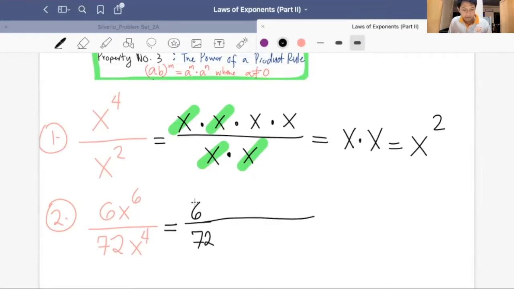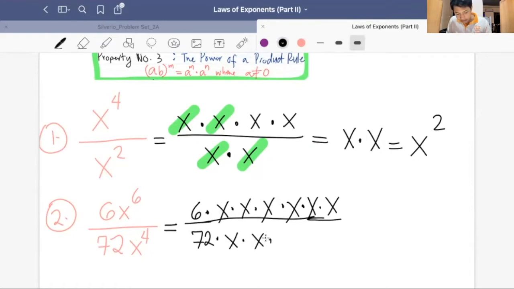And then we have x to the 6. We can write this as x times x times x times x times x times x, 6 times, using x as a factor. Then we have x to the fourth, x times x times x times x.